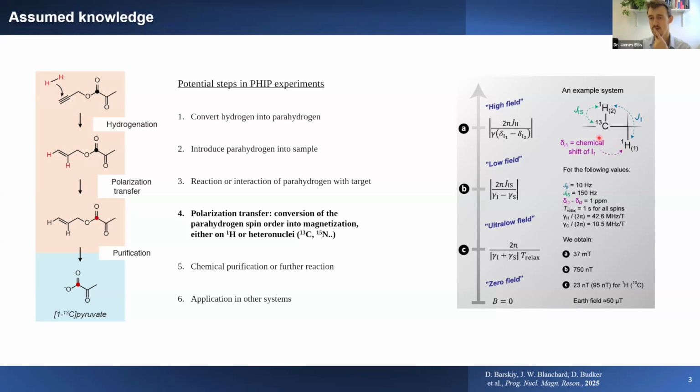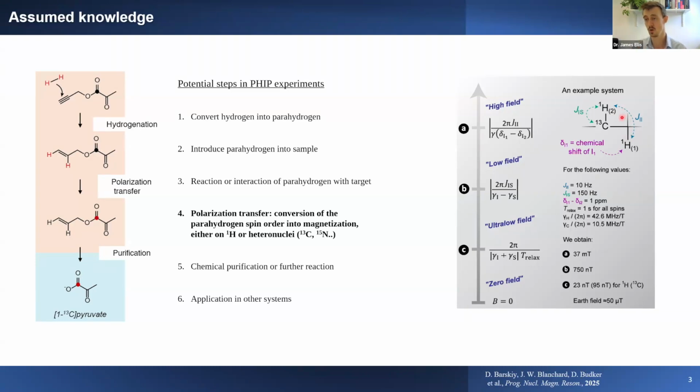Well, then we can define these boundary conditions where our high field regime is essentially where the magnetic field's high enough that the chemical shift differences between nuclear spins of the same isotopic species is larger than the J coupling between them.